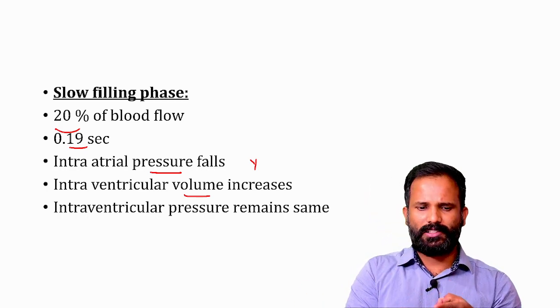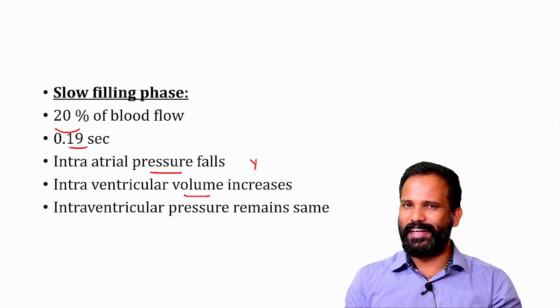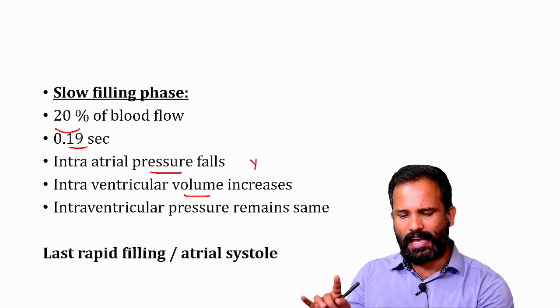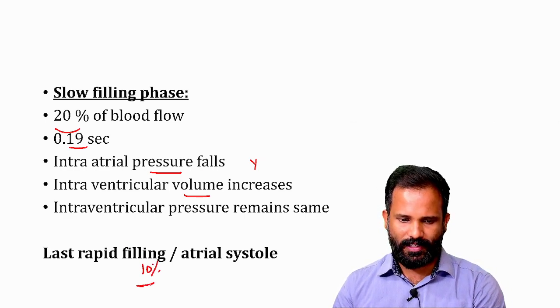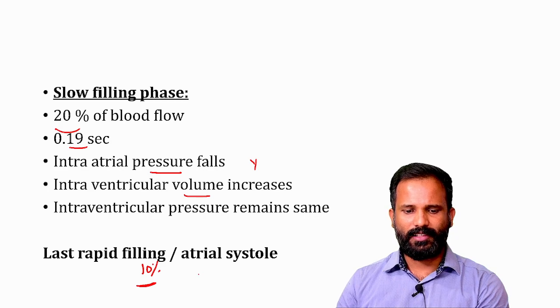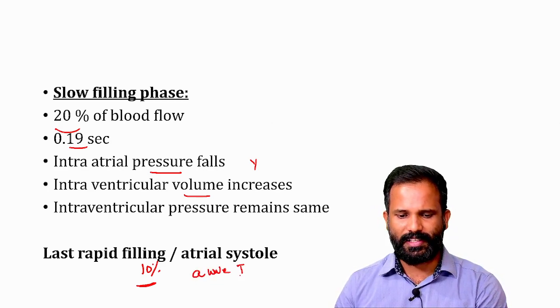Now 70% by rapid filling, 20% by slow filling, 10% by atrial systole, the last rapid filling, which again leads to an A wave in JVP, that is, intra-atrial pressure increases.